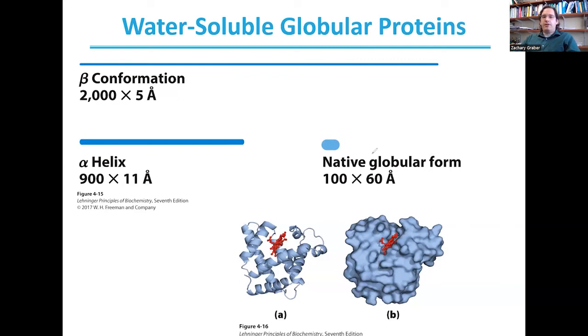When we pack it into our globular form, notice how small and compact this protein is, right? It's now only 100 by 60 angstroms instead of 900 or 2,000 angstroms long. So we're taking that and packing it together in this little ball. And again, one of the key advantages here is that our globular proteins are usually in aqueous environments. So we're trying to hide all of our hydrophobic amino acids here.